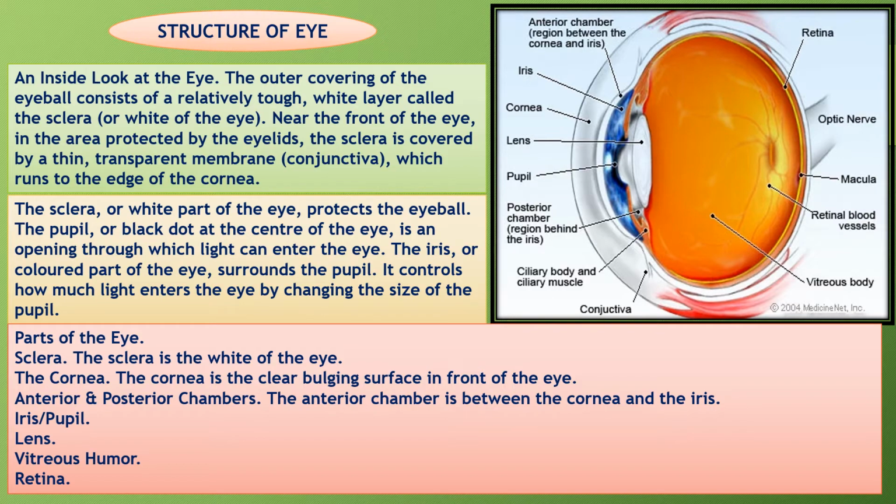Pupil, the black dot at the center of the cornea, you can say. Anterior chamber, the region between the cornea and iris. Conjunctiva, retina, optic nerve, macula, retinal blood vessels, and vitreous humor.